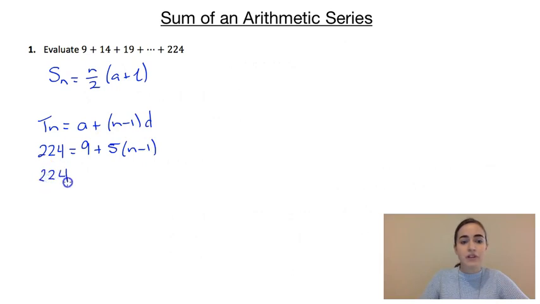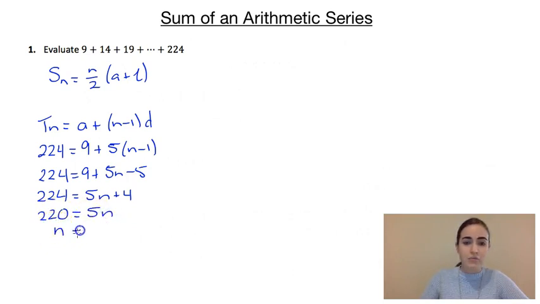We'd have 224 equals 9 plus 5n minus 5, which gives 224 equals 5n plus 4. We can minus 4 from both sides, so 220 is equal to 5n, which means that n is equal to 44.